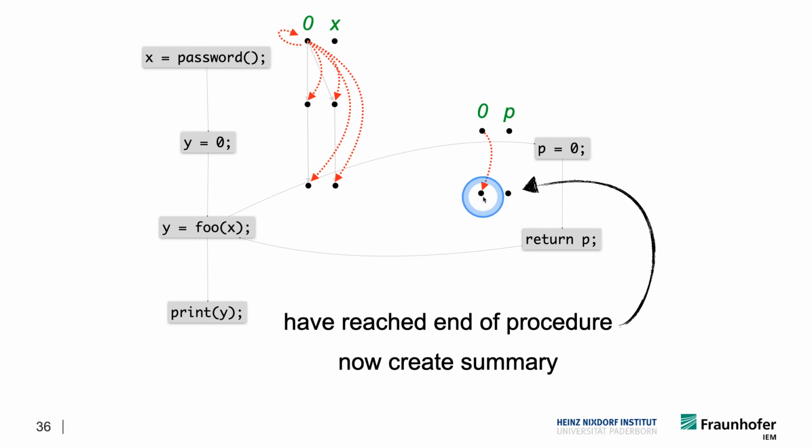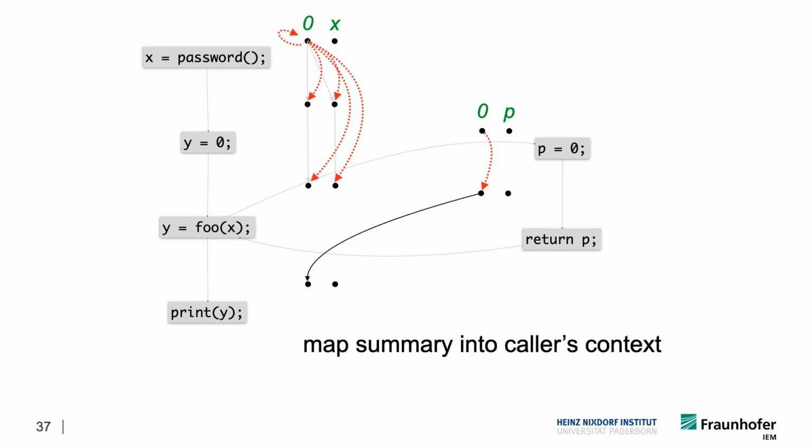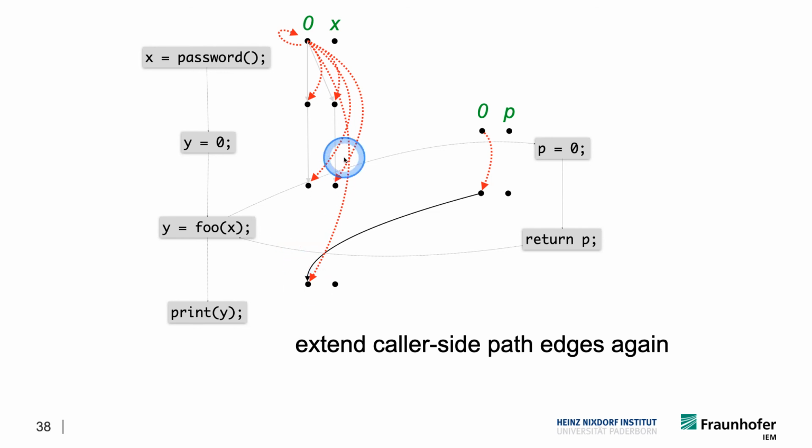And then we need to map this summary into the particular caller's context that we have here. And this is again done by looking at the return flow function. So here it's very simple, only this node is reachable, so we only map this to itself. And then again, we are now looking at the caller's context, right?